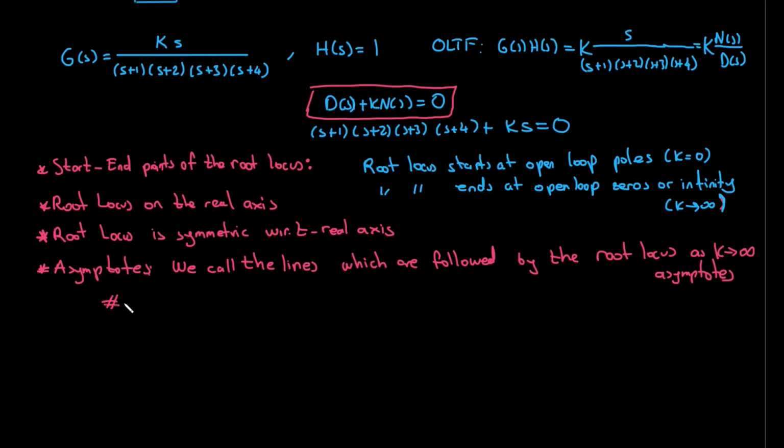The number of asymptotes is equal to the number of open loop poles minus the number of open loop zeros.